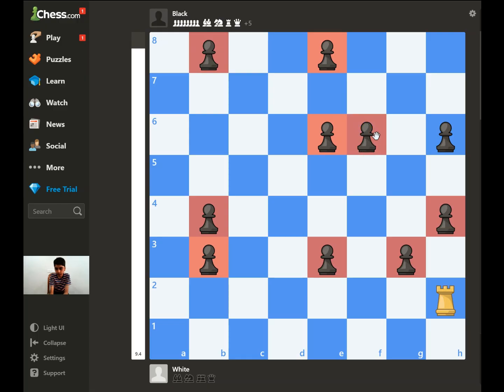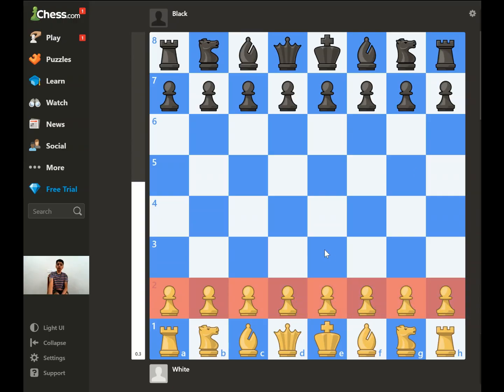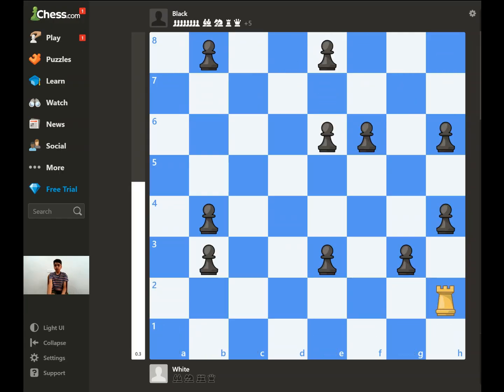Sorry, 9 and 10. There are 10 pawns. And a normal game, which is here, has only 1, 2, 3, 4, 5, 6, 7, and 8 pawns for each color. Though there were 10 pawns to make it more exciting, I guess.